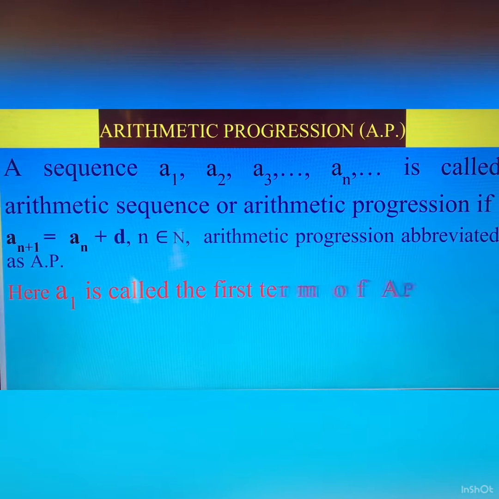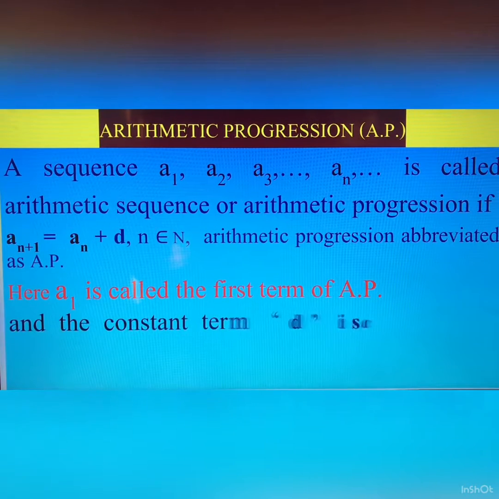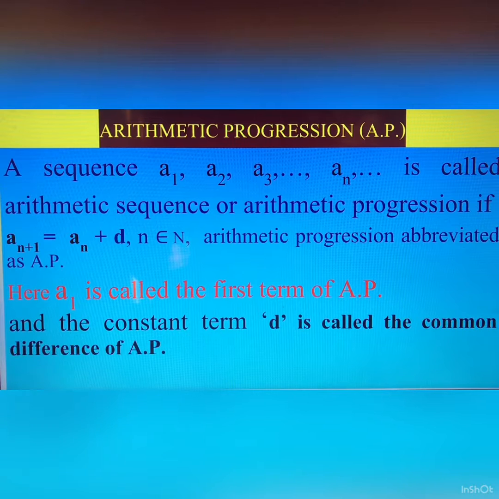Now here a1 is called the first term of the AP and the constant term d is called the common difference of the AP. The formula of common difference is any term of the AP minus just the previous term of the AP.